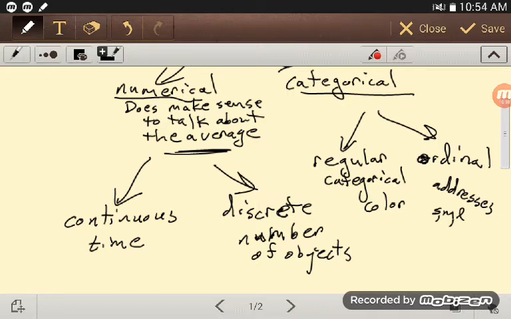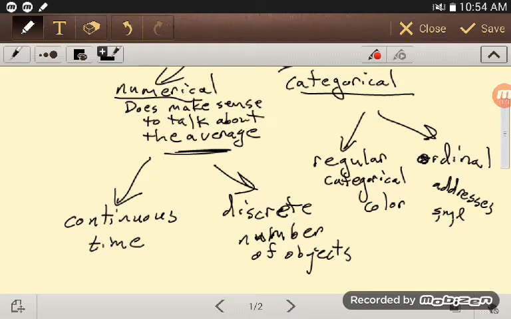And so, we can put them in order, but you also have to be careful about what you mean by that order. So there is a bigger or a smaller or a higher or a lower or something like that. But it may be that a large is not twice as big as a small. It might be 3 times as big as a small, or it might only be 1.5 times as big as a small.